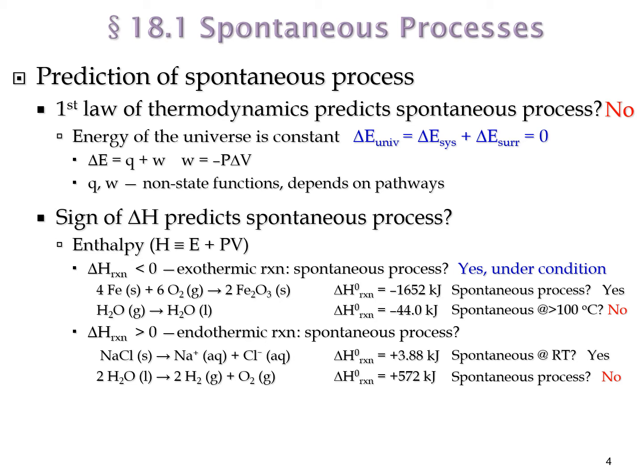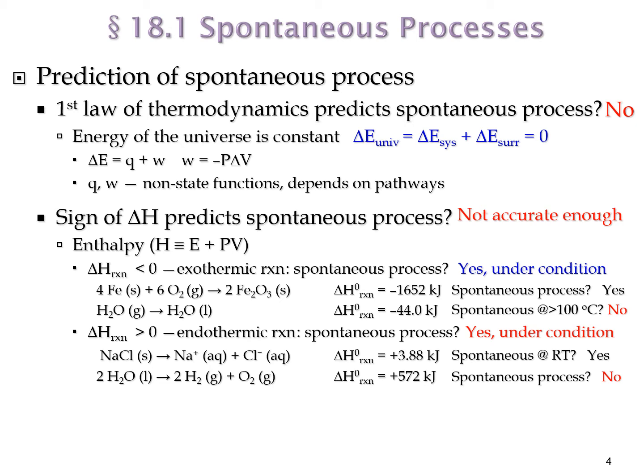Again, we wound up with the same conclusion. Yes, to a certain extent. In other words, it's under a condition. What condition? You may realize temperature. So from this analysis of different types of chemical reactions, we realize yes, delta H is definitely a good parameter for us to determine the spontaneity of the process, but it's not accurate enough.